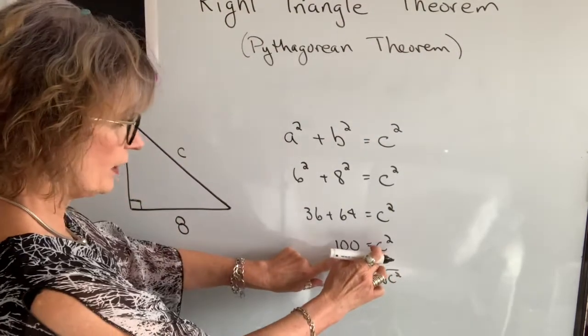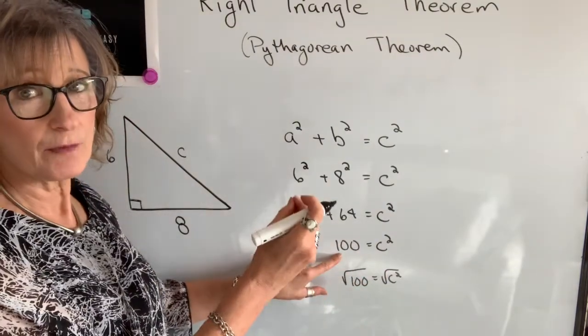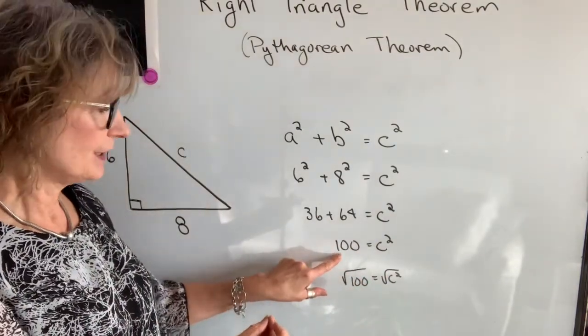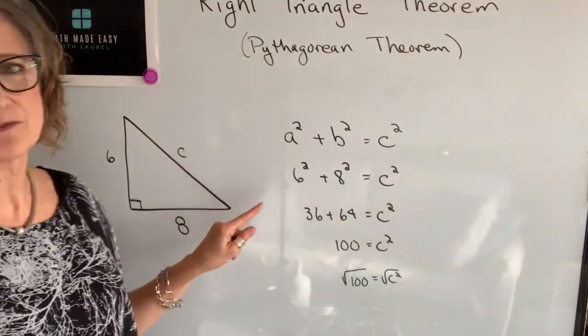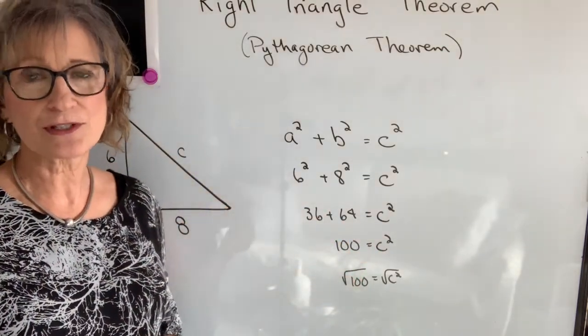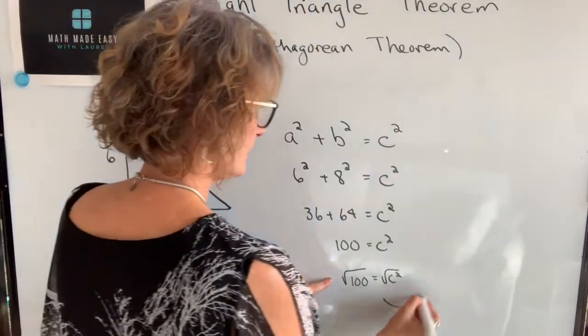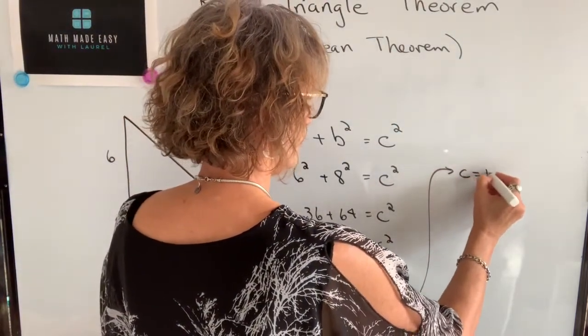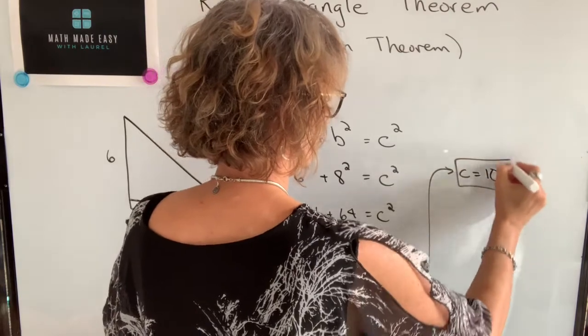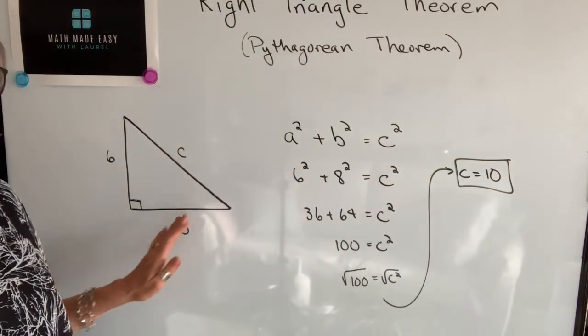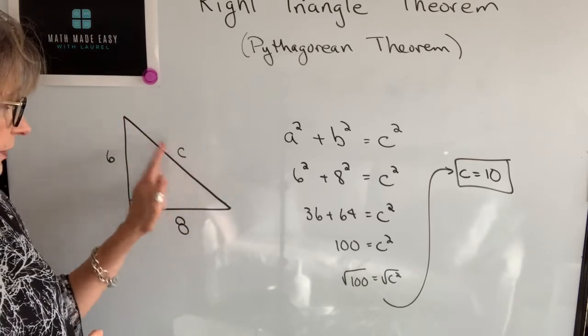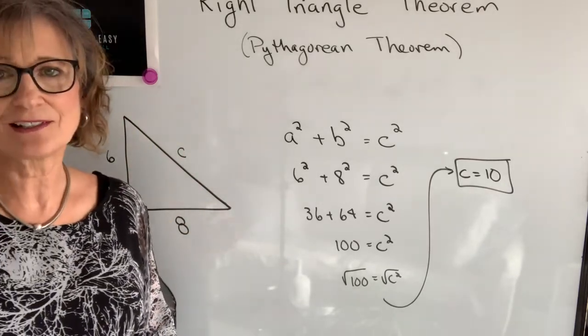Now normally if you have C squared equals 100, you would have a positive and a negative square root of 100 as an answer. However, because C is a distance, it's a length of a side, we're only interested in the positive square root. So my solution will be 10 units. So if this side is 6 units, this side is 8 units, then the hypotenuse or side C will be 10 units in length.